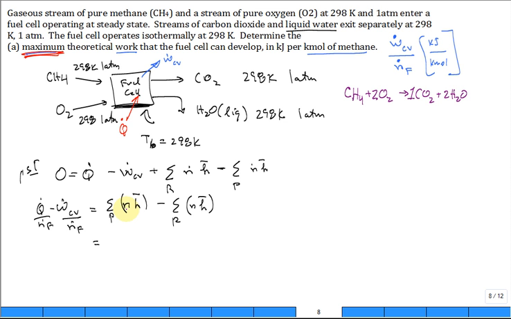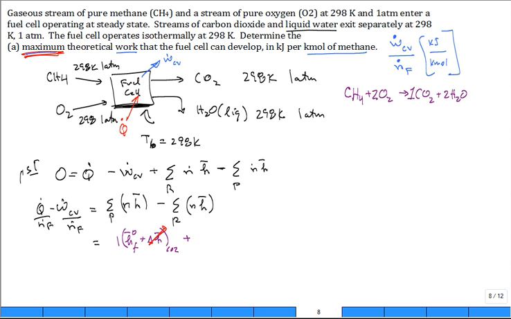So we have the stoichiometric coefficient for the CO2, which is 1, times enthalpy of formation of CO2 plus delta H bar for the CO2. Well, the change in enthalpy from the reference state, it's coming out at 298. So isn't that 0? So let's continue with this equation.